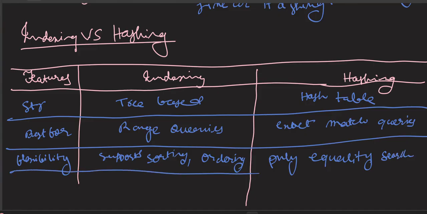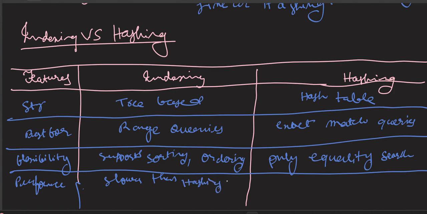And the last point is performance. Indexing is a little bit slower than hashing for equality, and hashing is very fast for equality search.